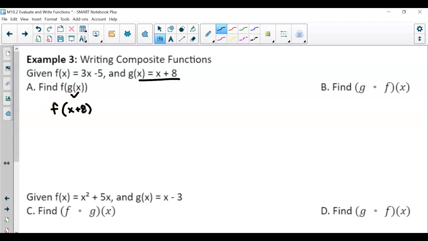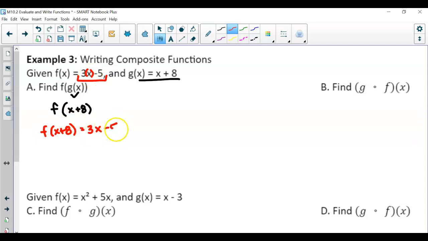Well, f of x is 3x minus 5, or 3 times x. Notice how we're not plugging in a number. It's not just 8. We are taking f of x plus 8 and now substituting in for x.